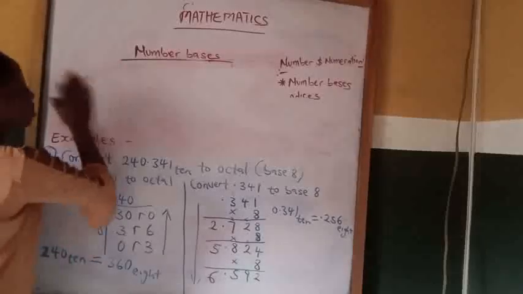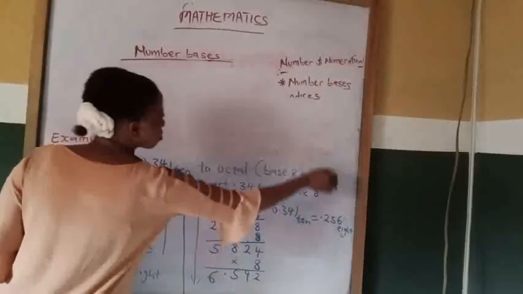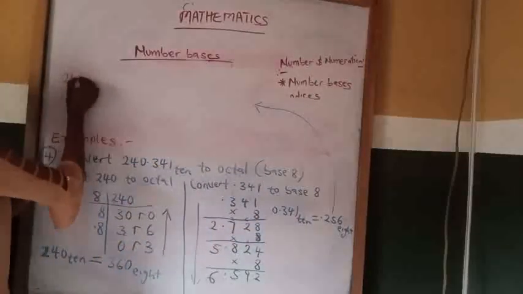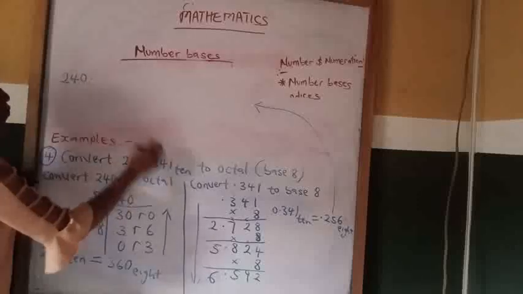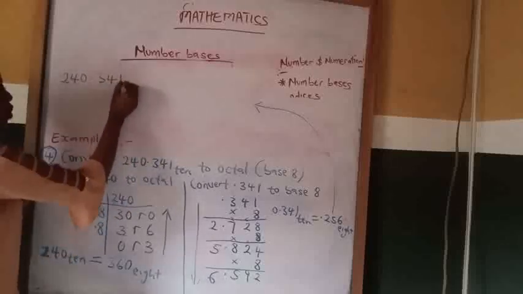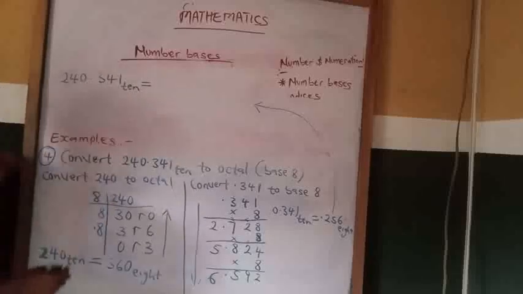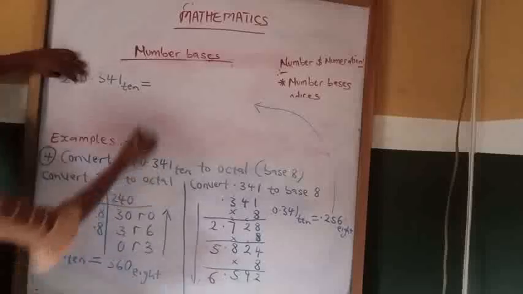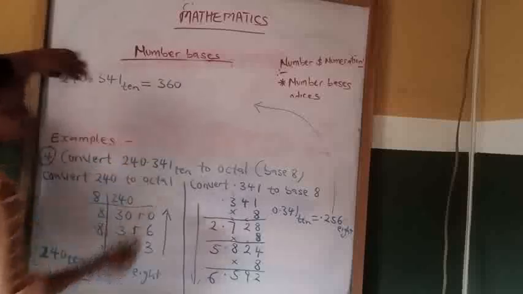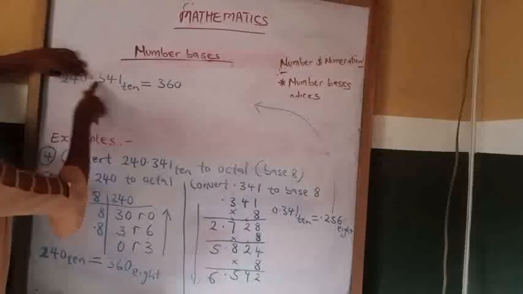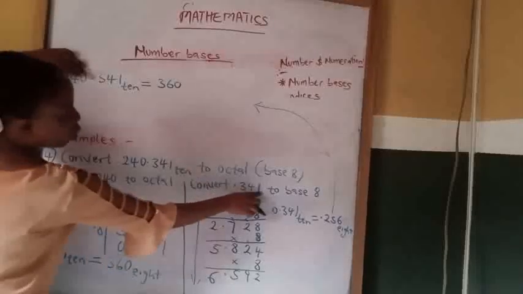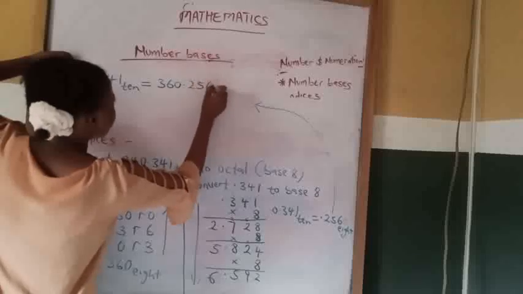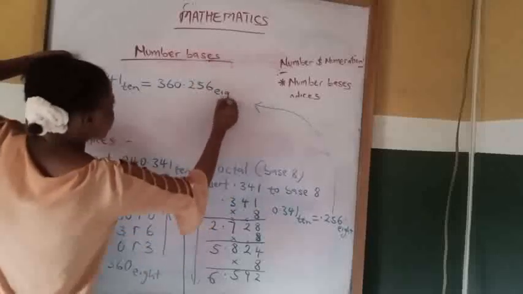So 240.341 base 10 will now be equal to: 240 base 10 is 360, then .341 base 10 is .256, everything to base 8.